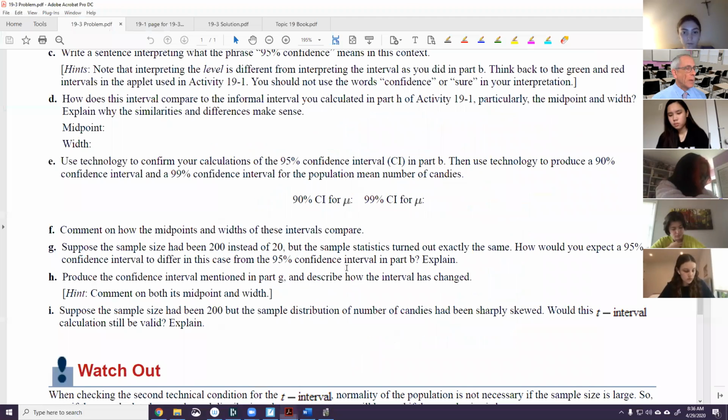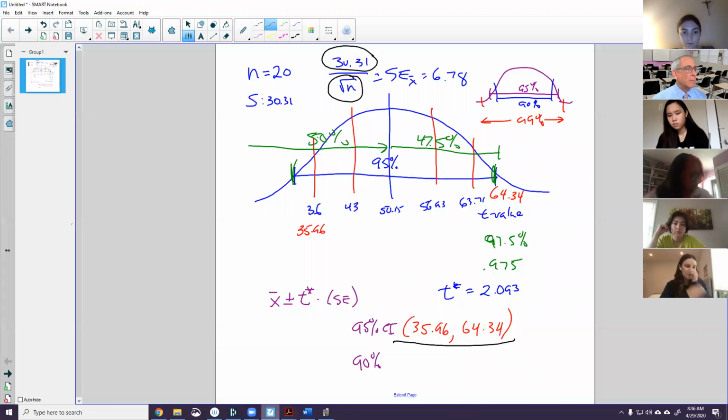So, okay, but here's a slightly different question. Let's say I still had, let's stay on this page because we have all the material here, my X bar is 50.15.